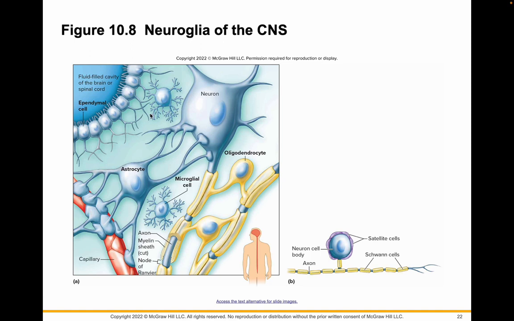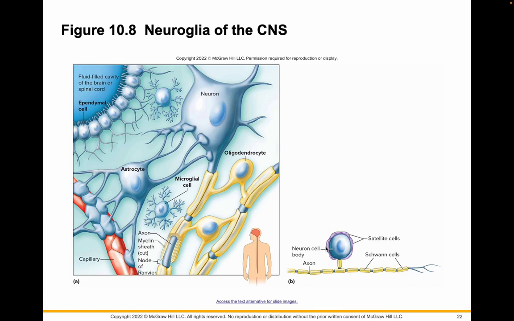And remember that it is a phagocytic cell, so it's going to eat up any debris. Look what the astrocyte's doing. It's taking nutrients from blood in the capillary and giving it to the neuron. And so here's this neuron, and it is wrapped in myelin. We're in the central nervous system, so those are oligodendrocytes.